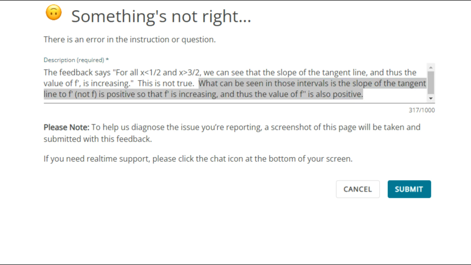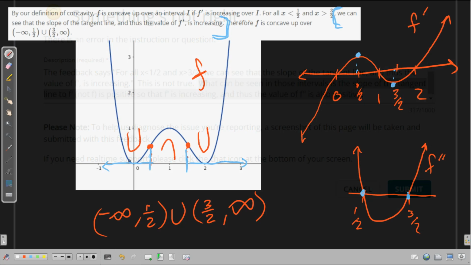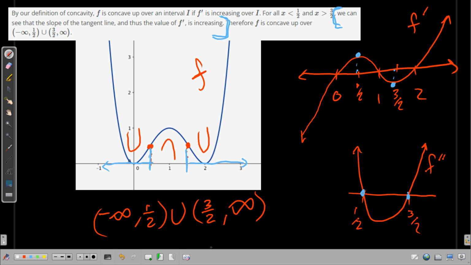Well, I mean, you can determine something from looking at if the slope is increasing, because if I look at this graph, I've got some slope here, and look at how that slope just keeps increasing right up to the inflection point.